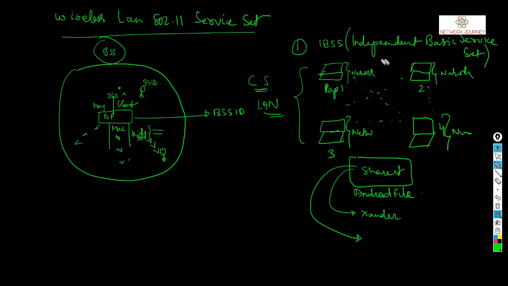That is called an independent basic service set, where you just have your wireless capable devices which you can connect to each other without the need of an access point. The popular usage is transferring files between a laptop and a smartphone without connecting to an AP.